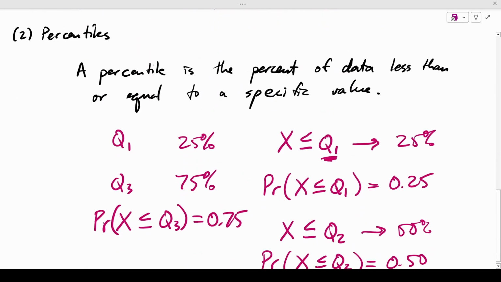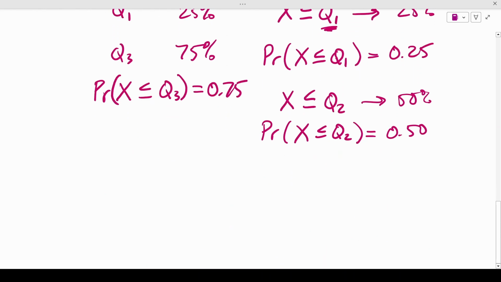All right, so a percentile is basically what we've already done with Q1, Q2, or the median, and Q3, but it's just extending it to any percent that we might be interested in. So maybe I want to know the value at which 90% of my data is less than or equal to it.